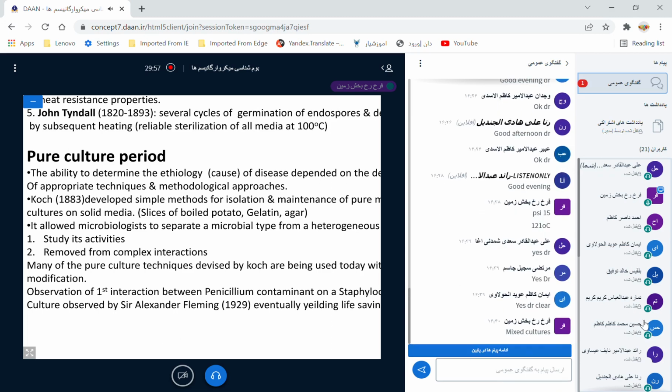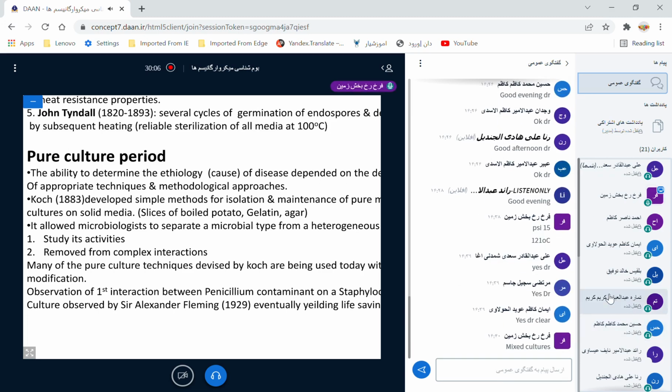So many bacteria and many protozoa were in one medium. In order to understand them, to check them, to know many things about them, it was needed to make them separate. So we call it a pure culture. So we have two kinds of cultures, mixed culture and pure culture.